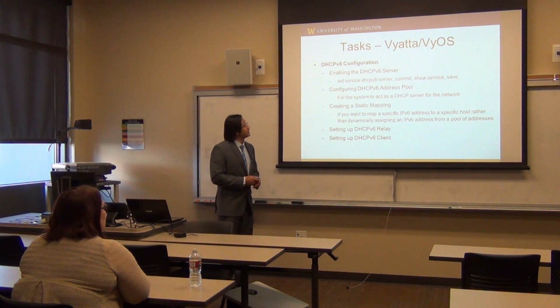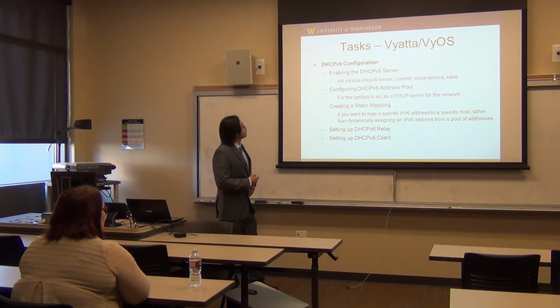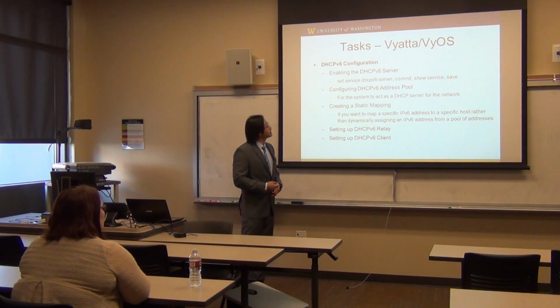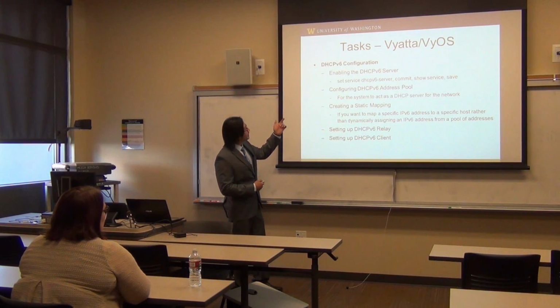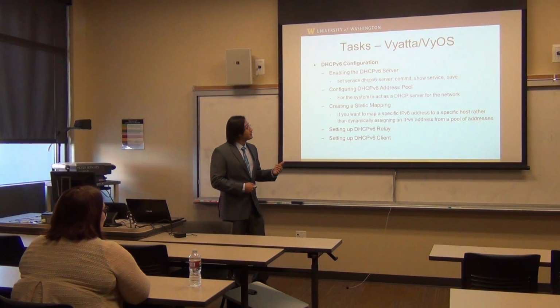Another task I had to do was a DHCP version 6 configuration. I followed step-by-step guides and enabled the DHCP version 6 server using configure mode in VyOS. I set the service, DHCP version 6 server, committed, showed the service to see that it did in fact work, and then saved it.